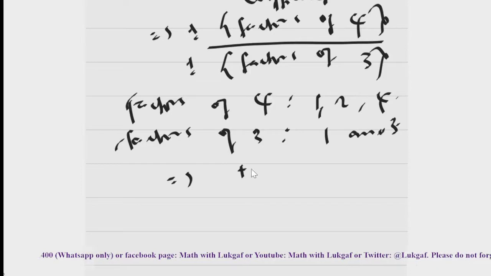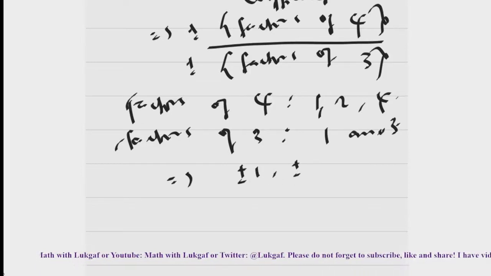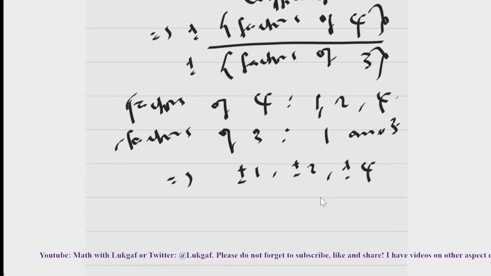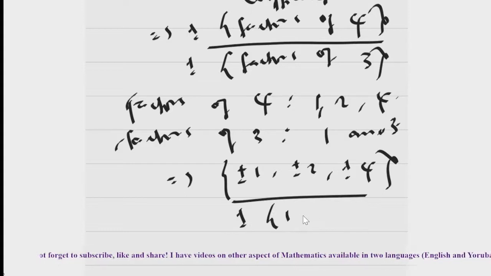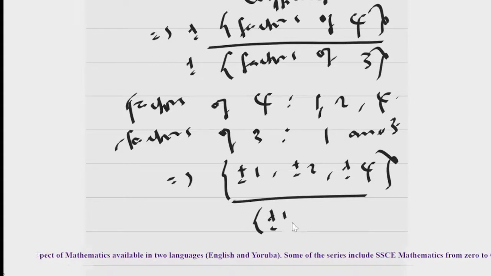That's going to be plus or minus 1, plus or minus 2, plus or minus 4. Then maybe you can write it as a set divided by plus or minus 1 and plus or minus 3.